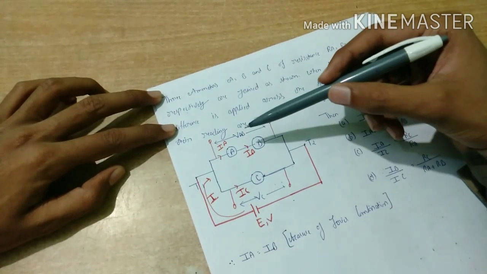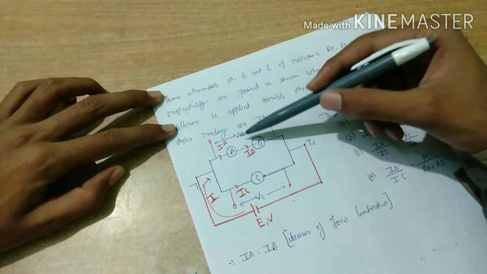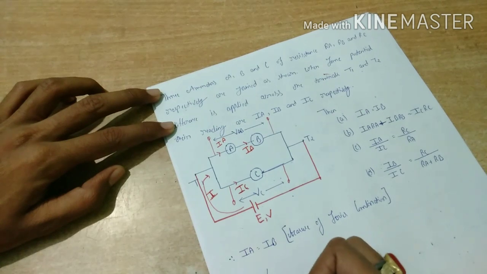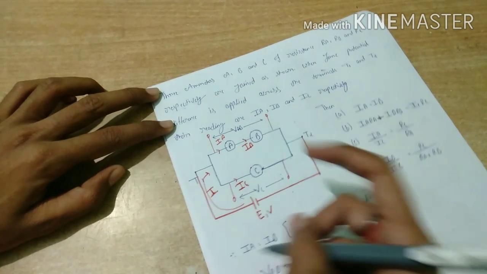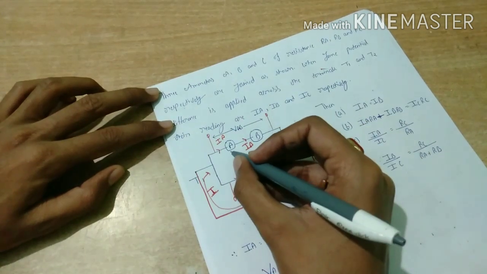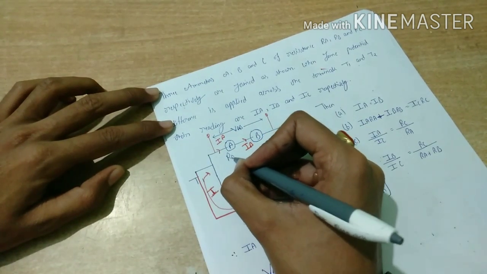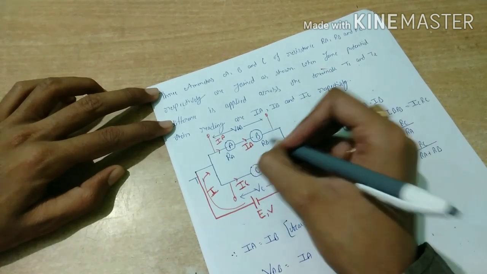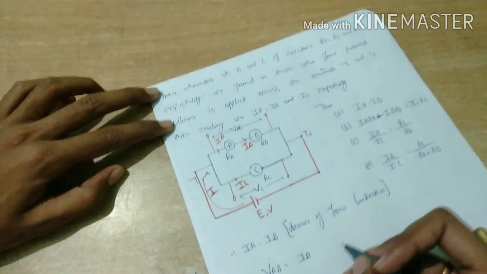So we have to find, first of all, the potential difference across AV. Current IA is flowing. Let's say the resistance of the ammeter is RA, and the others are RV, RC.